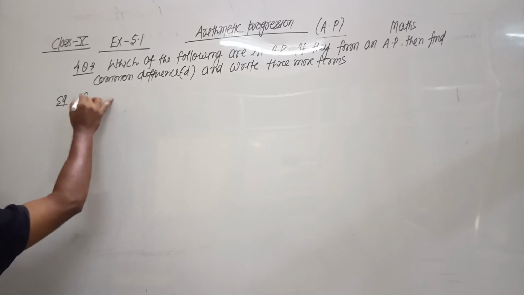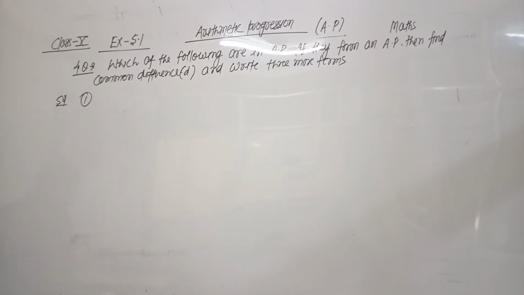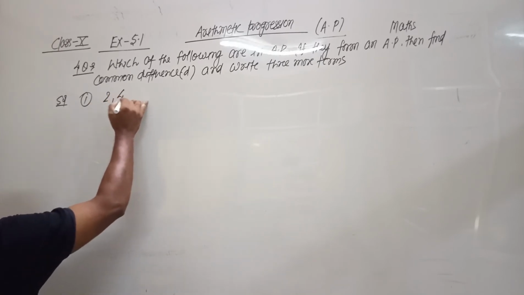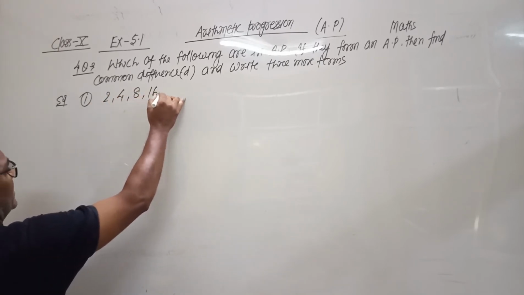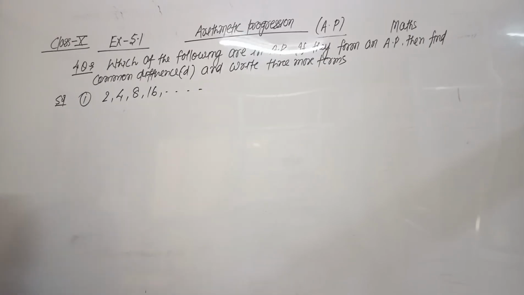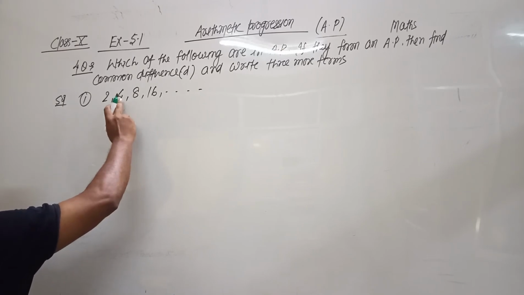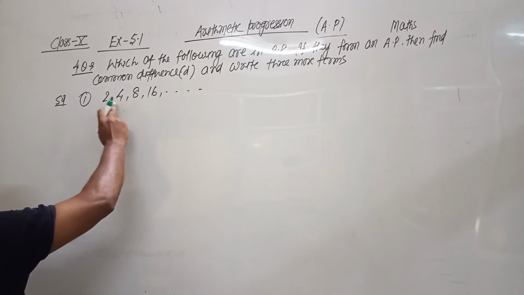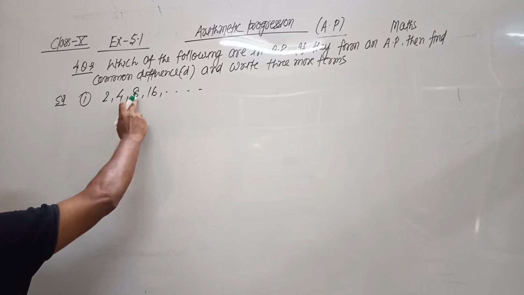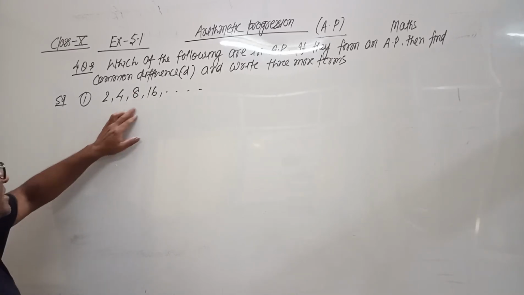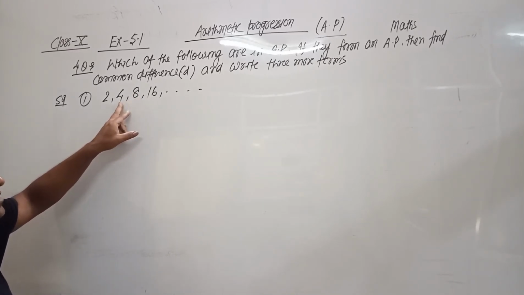So the first part of this question is 2, 4, 8, 16. So firstly we have to find whether they are in AP or not. The first term is 2, the second term is 4. The 4 comes by adding 2 to the first term, and the third term is 8, which is obtained by adding 4.